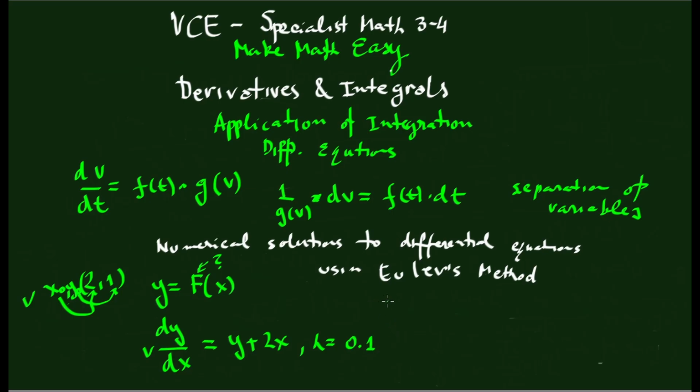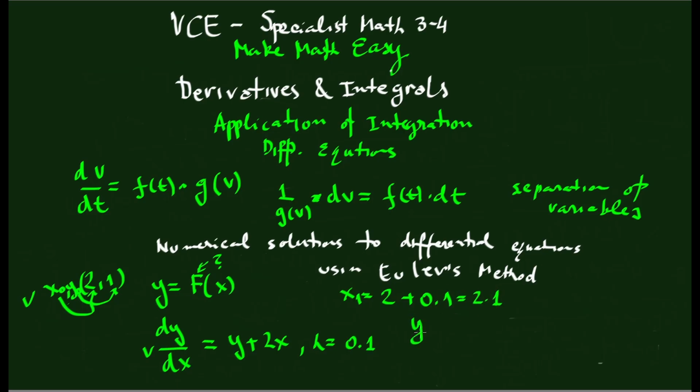So that's dy by dx. How are we going to get point number 1? Point number 1, x1 is x0, which is 2, plus the increment, so it's 2.1.